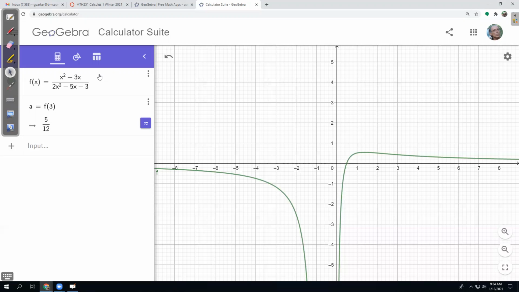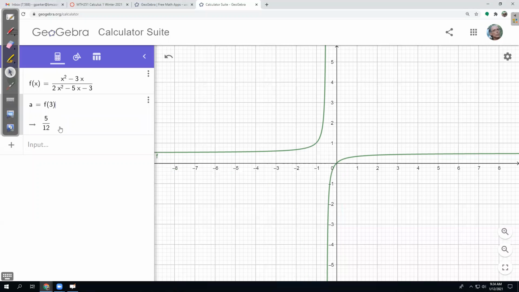Let me type that correctly. I think that looks correct. And then we want to evaluate it at 3. And this says f of 3 is 5/12. Is that true? Oh, no, it didn't. I had to hit enter to re-evaluate it. And it says, hey, that is undefined.